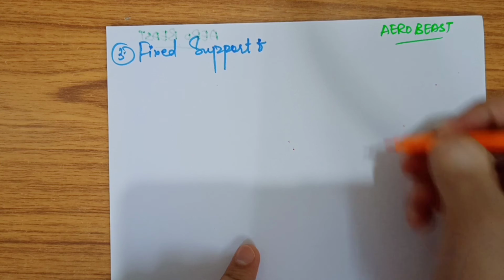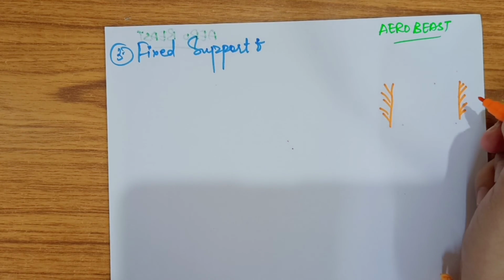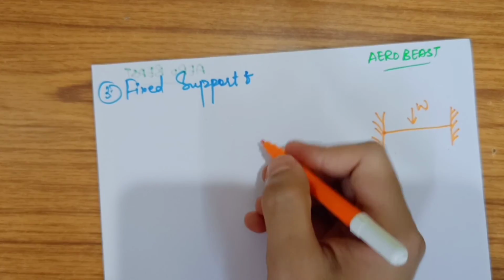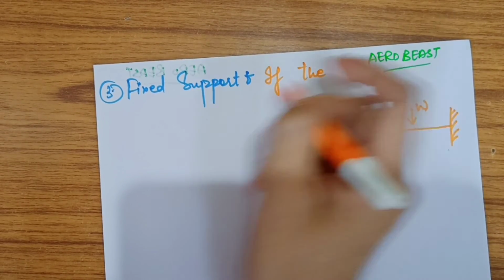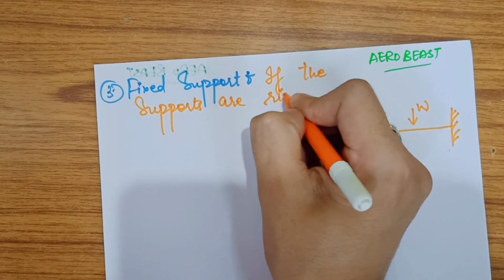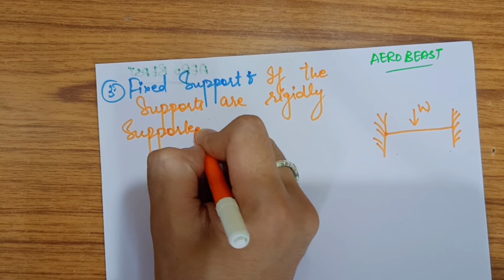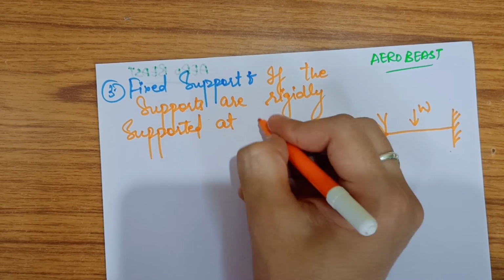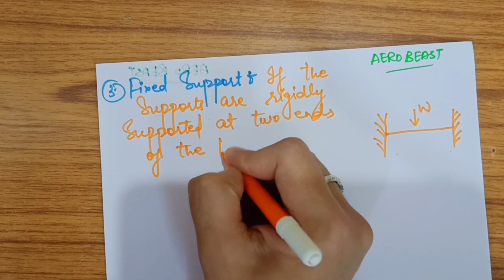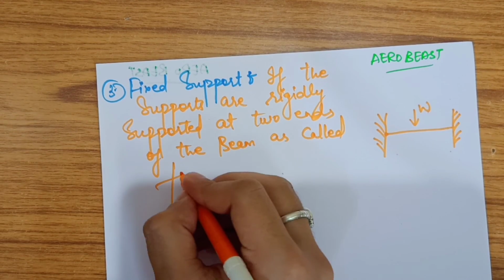Like fixed at both ends, I am applying the load W. So the definition is that when the beam is rigidly supported at two ends, then it is called fixed support.